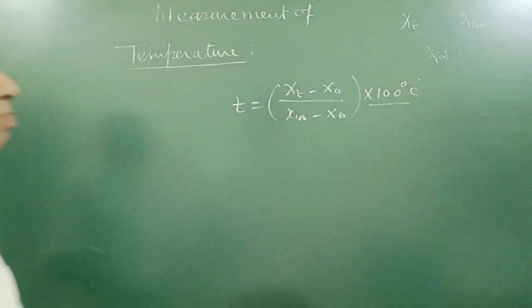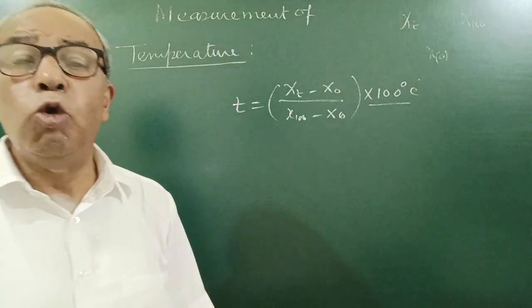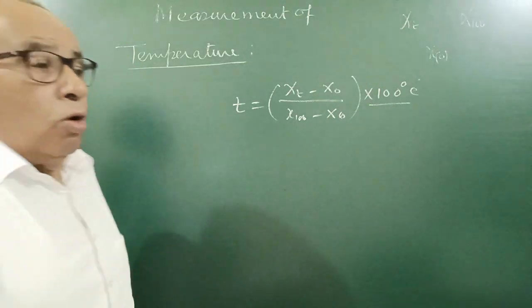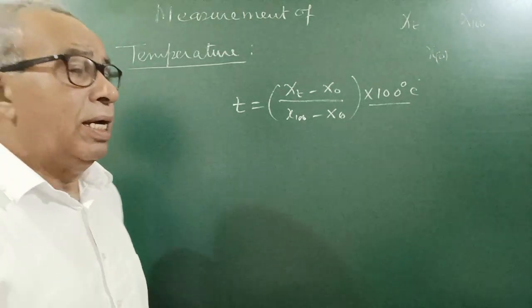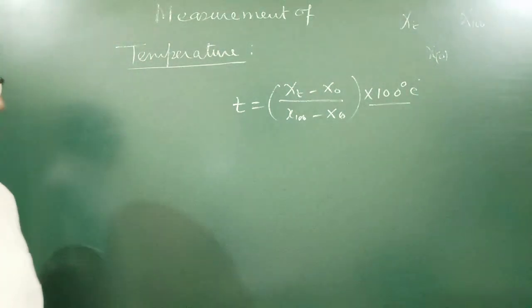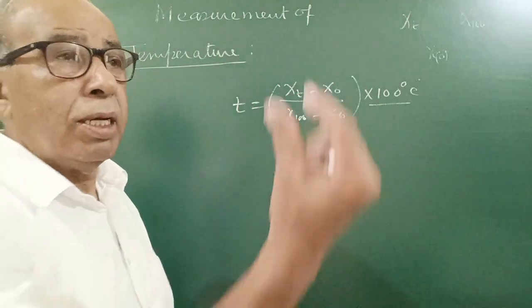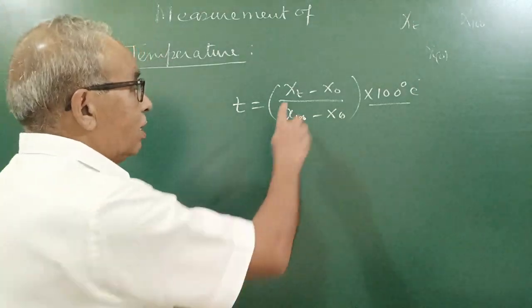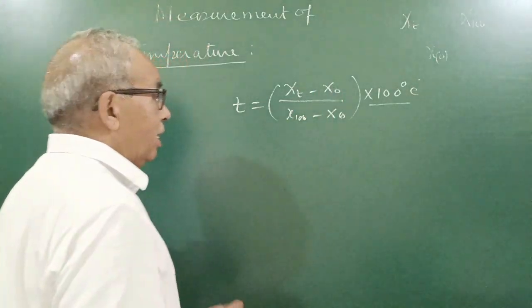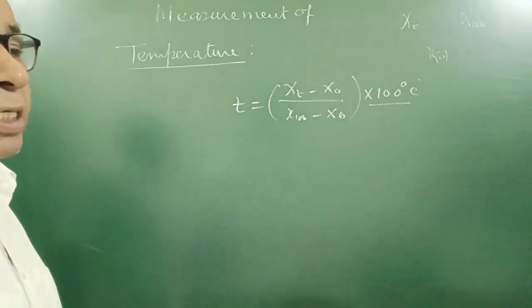This was there, and I told you that this x may be the volume of any material, a liquid, especially in the case of a mercury thermometer. X means the volume of the mercury liquid at different temperatures. I told you it may be the pressure of a gas at constant volume.